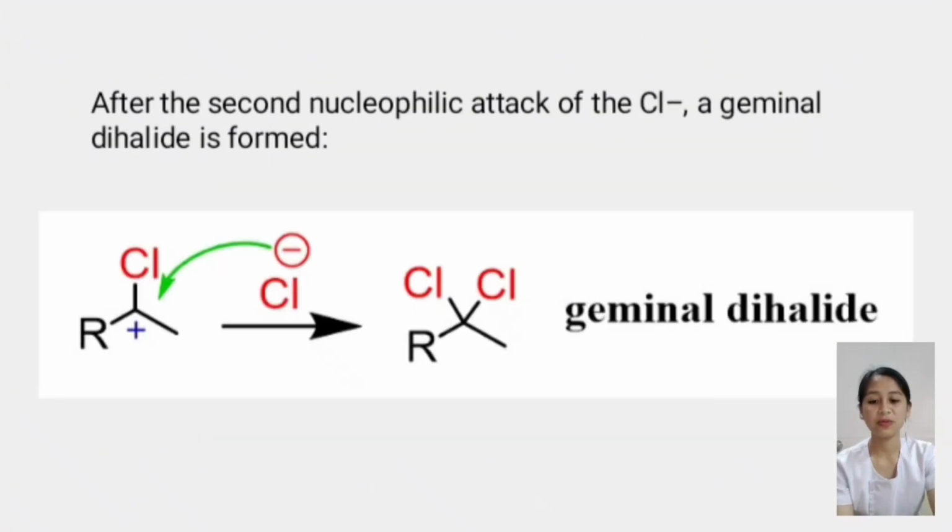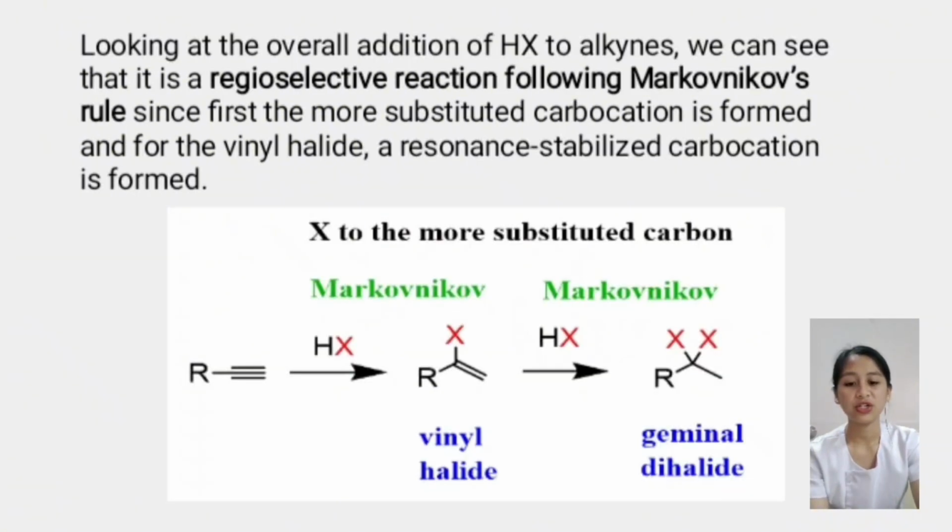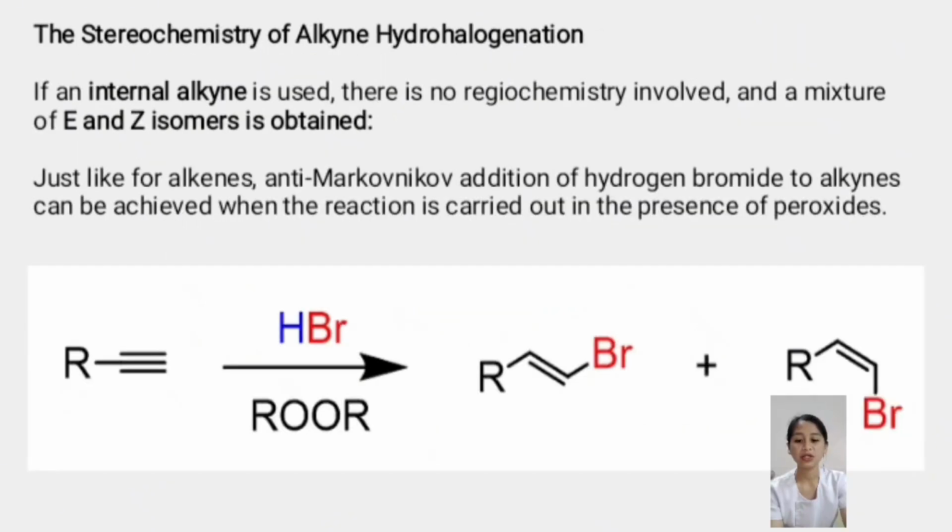After the second nucleophilic attack of the Cl, a geminal dihalide is formed. Looking at the overall addition of HX to alkynes, we can see that it is a regioselective reaction following Markovnikov's rule, since first the more substituted carbocation is formed, and for the vinyl halide a resonance stabilized carbocation is formed. The stereochemistry of alkyne hydrohalogenation.